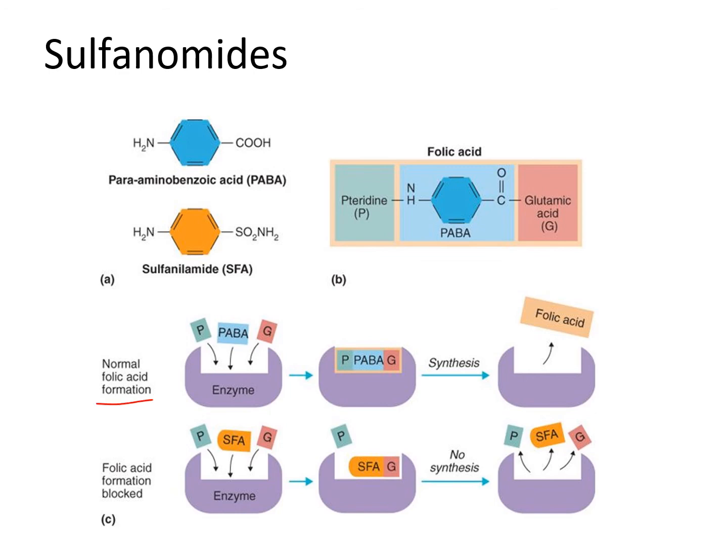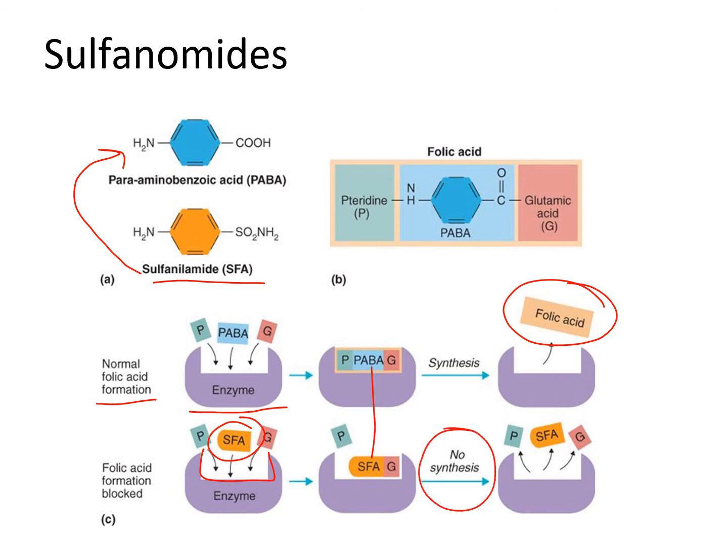Normal folic acid formation involves this enzyme binding PABA and producing folic acid. The sulfonamides have a similar structure to PABA. So if the sulfonamide is present, it will bind to the active site in the enzyme, and when it binds there, that inhibits the PABA from binding, so there will be no synthesis of folic acid.